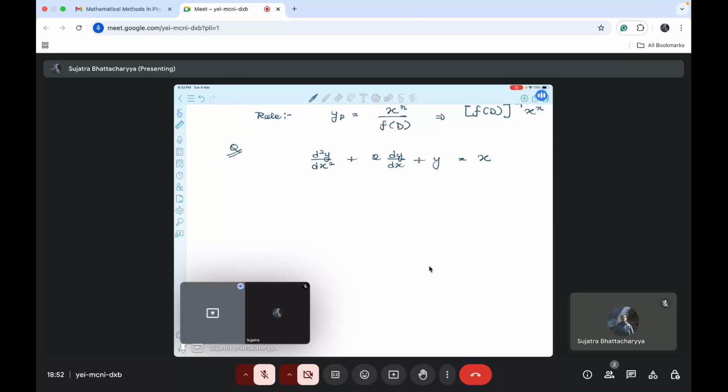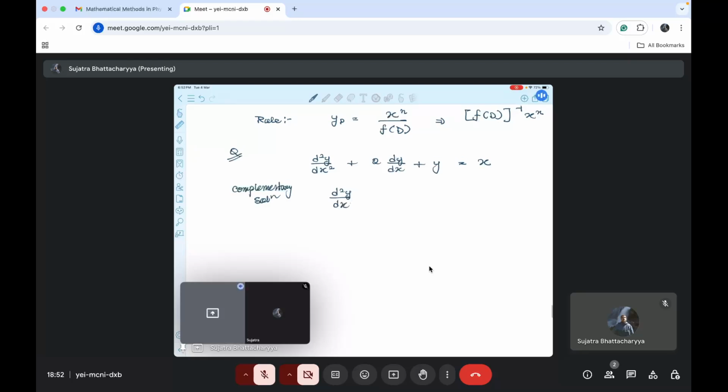Not to find the particular integral. First is to calculate the complementary function, and for that you need to reduce it to the homogeneous equation. So let's first write the complementary solution. So how to do it? d2y by dx2 plus 2 dy by dx plus y equals 0.